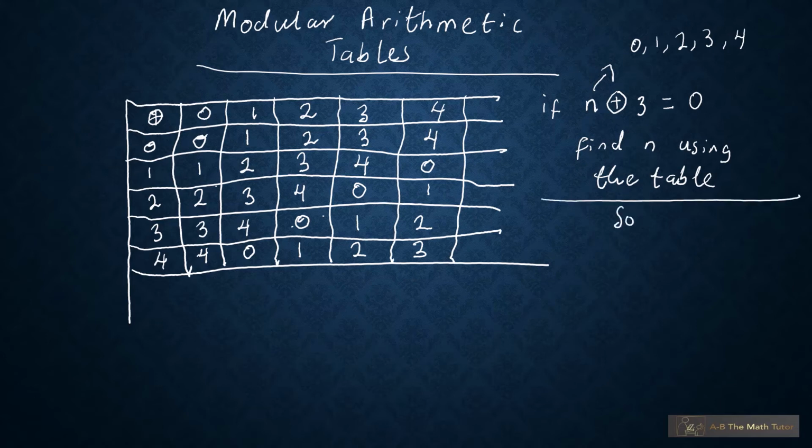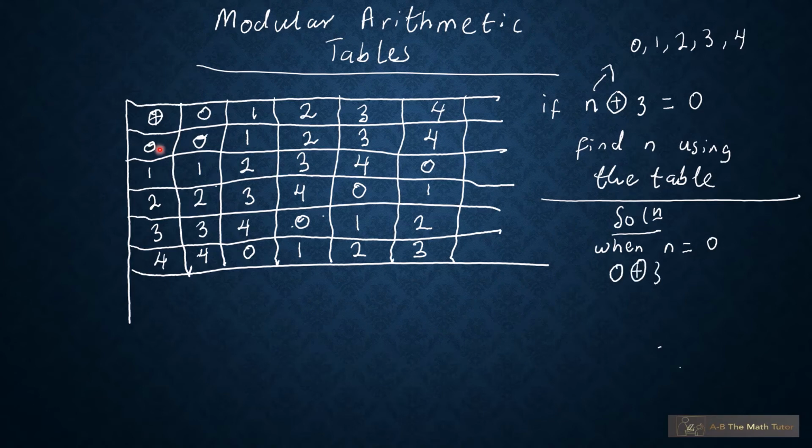So let's start off by looking at what happens when we replace n with 0. So when n is 0, then we will have 0 plus 3.